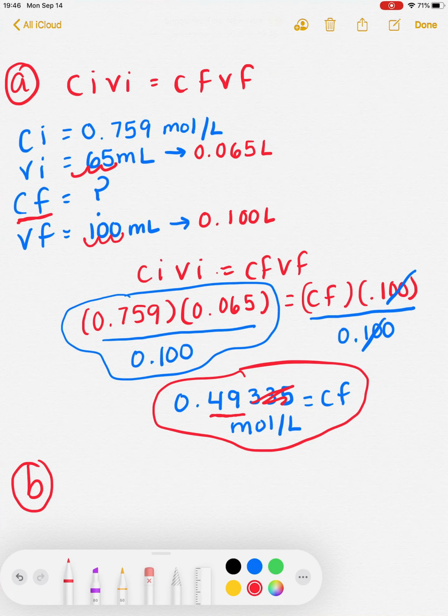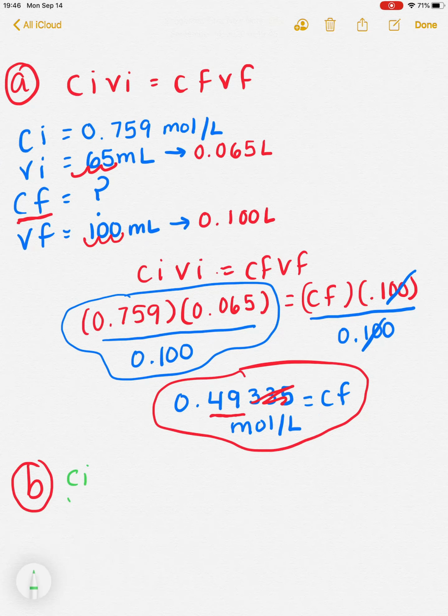So let's go back to here. We're starting from scratch. So we've got CI, VI. Those are going to be the same as the last question. I'm writing it in liters. And then we've got CF and VF that are going to be new.